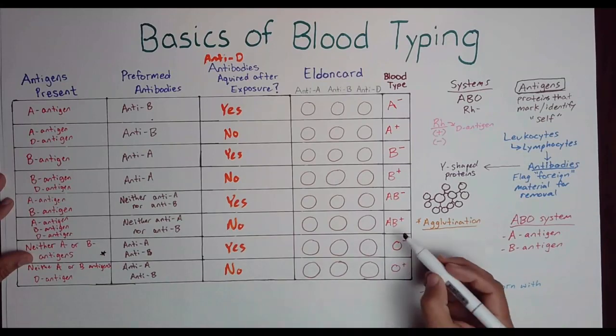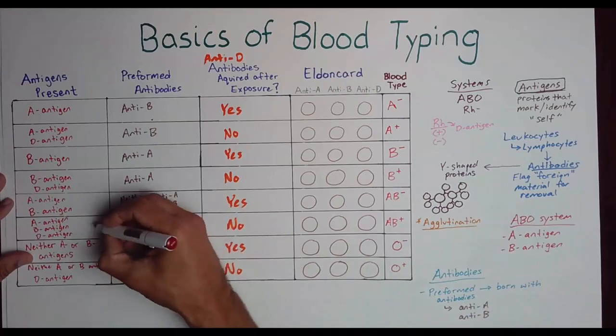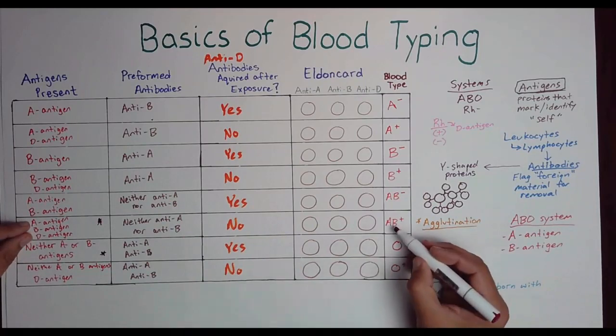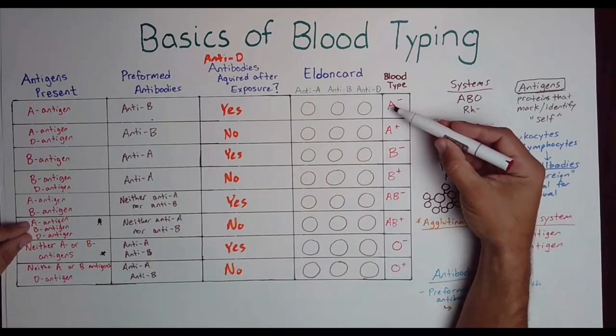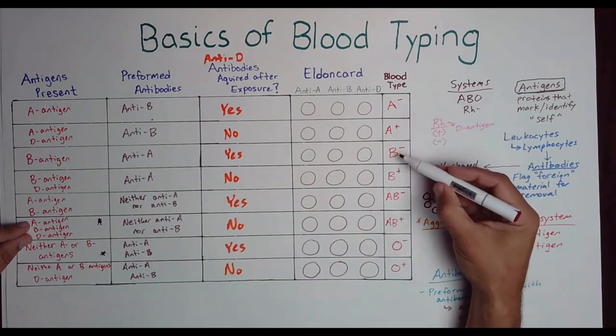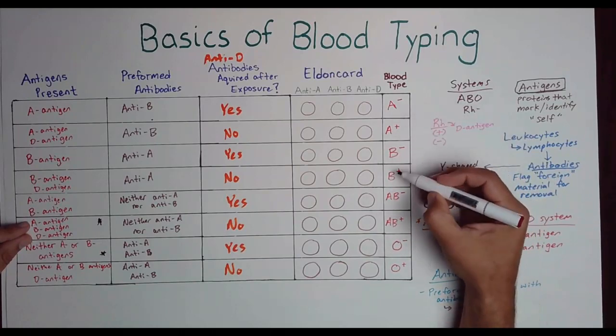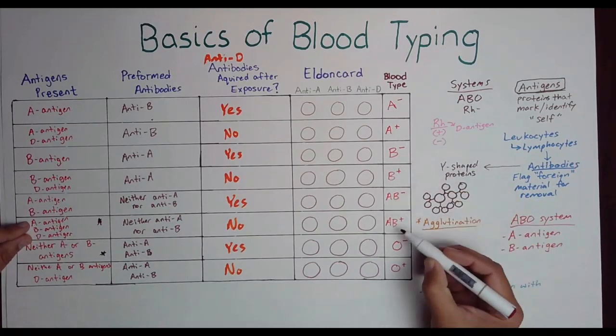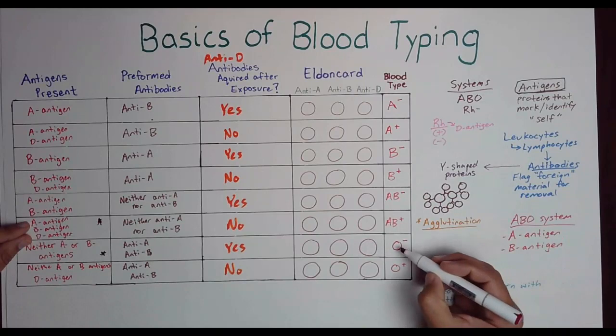Whereas somebody that is AB positive, what you see about AB positive is they have every antigen on them. And therefore an AB positive can receive an A blood, whether it's A minus or A plus, it doesn't matter. They can receive a B blood, whether it's B minus or B plus, it doesn't matter, because they have the B antigen and the D antigen. Can they receive O?